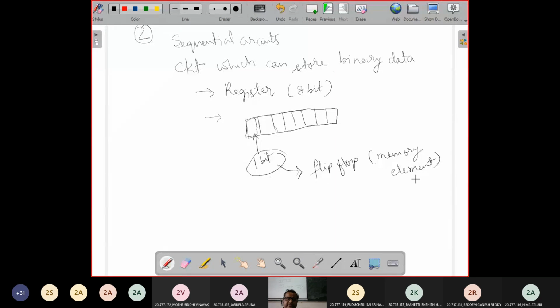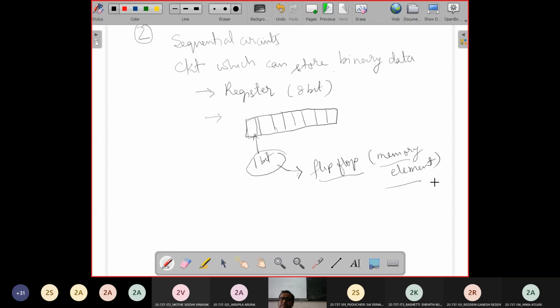At the lowest level, this storage element is called a flip-flop, and this flip-flop is the memory element. Whenever I say memory element, it is able to store some information for you. Memory means holding something in it, so the circuit is able to hold some information. That's why we refer to it as a memory element. The flip-flop can hold 1 bit of data, so you require 8 flip-flops to form an 8-bit register.